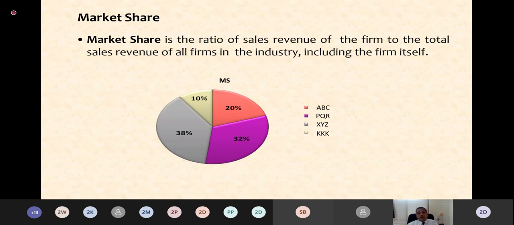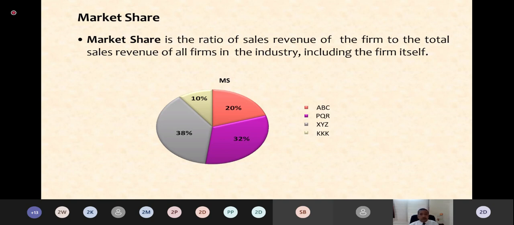PPR is able to get 32% of share. XYZ company has 38% share, and KKK company has 10% of market share. So this is market share that we have to understand.